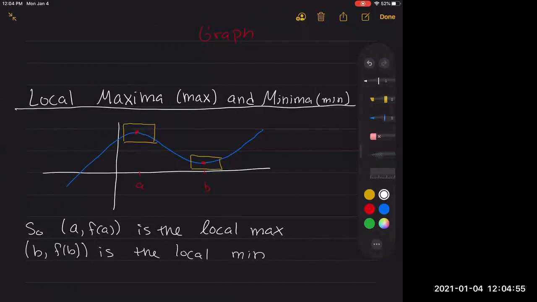So yes, if we look in these viewing rectangles, A is the largest number and B is the smallest. So that's what it means by local, is it means within a little window. Because you know polynomials, as they go to infinity, they either go to positive or negative infinity. So those will be our like global max and mins. All right.